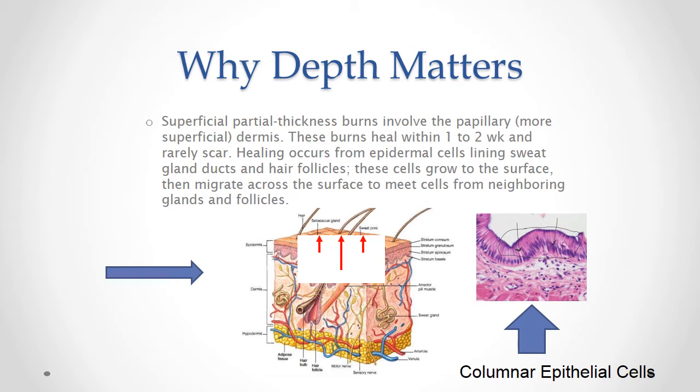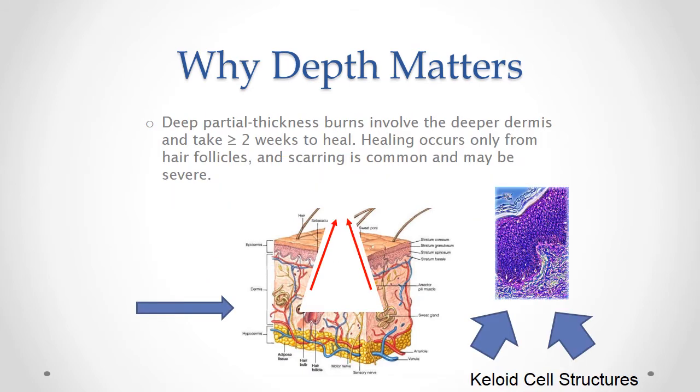And they're going to grow to the surface and then migrate across the surface to meet the cells from neighboring glands and follicles. Okay, so again, we're looking at that middle layer right there, and it just basically sort of migrates up.